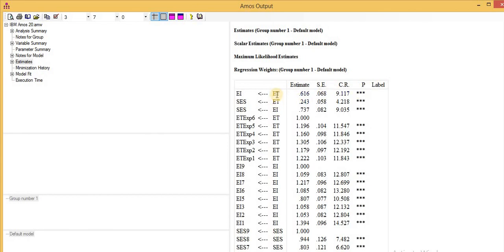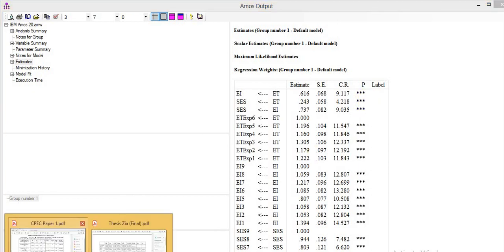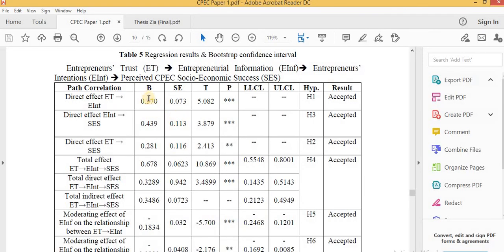These are the direct impact of entrepreneur trust on entrepreneur intentions, entrepreneur trust on socio-economic success, and entrepreneur intentions on socio-economic success. So all these three are the direct hypotheses which are accepted at the 100% significance level of the p-value.